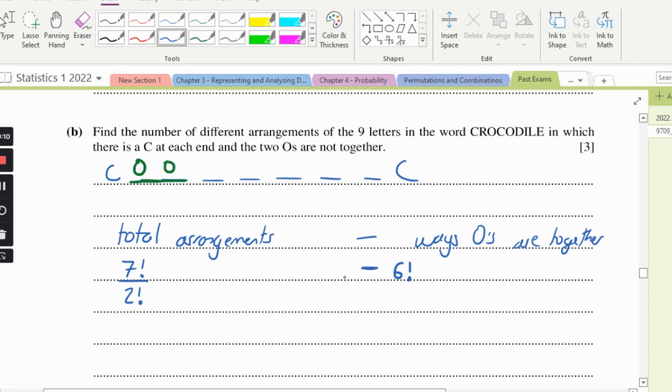And you can stick the O's in those 6 factorial, because you've got 1, 2, 3, 4, 5, 6. It's part of the 6 factorial, and it doesn't matter if you switch the O's around because they're exactly the same. So 7 factorial over 2 factorial take away 6 factorial gives me 1800.